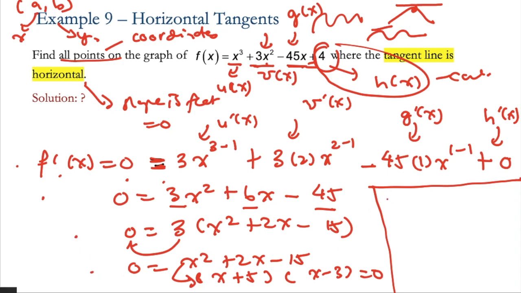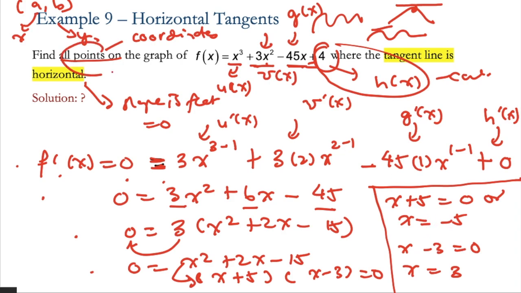I move to the fifth step inside the small rectangle here. Then I can find x plus 5 equivalent to 0, or x minus 3 equivalent to 0. So if x plus 5 equals 0, x here is minus 5, and here x is equivalent to 3.